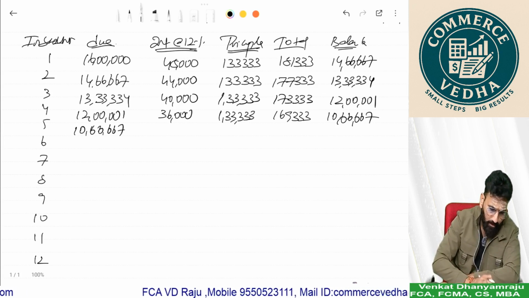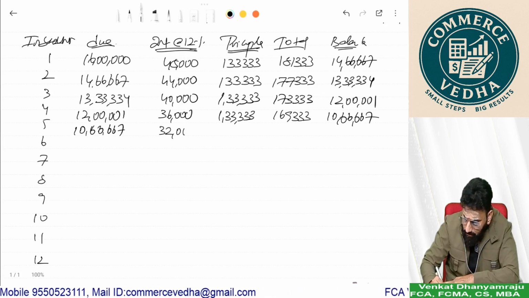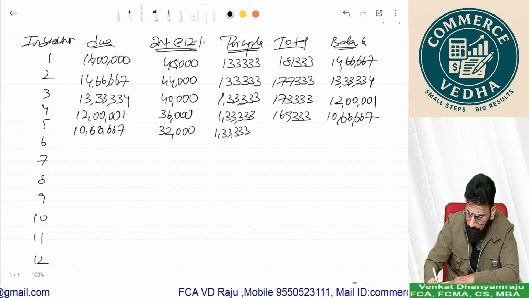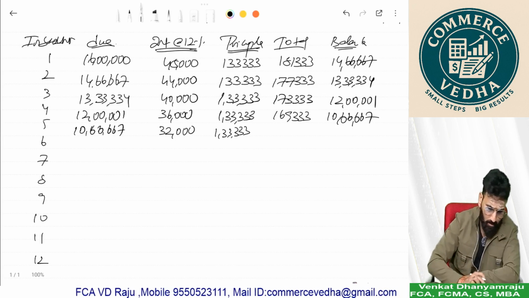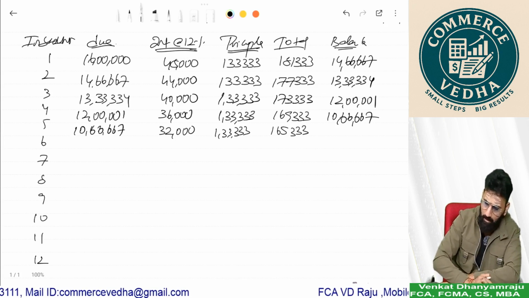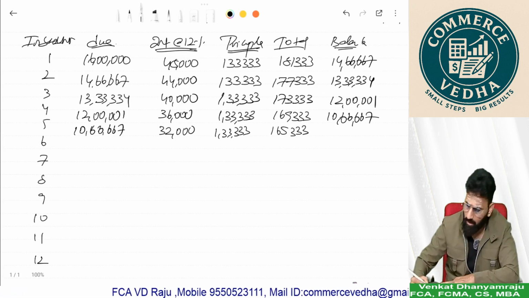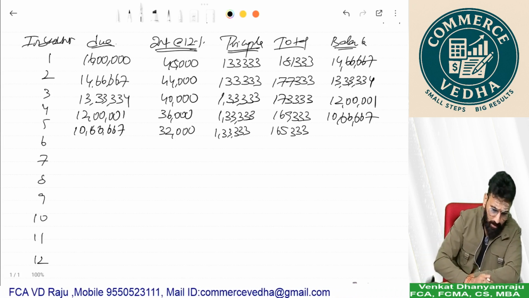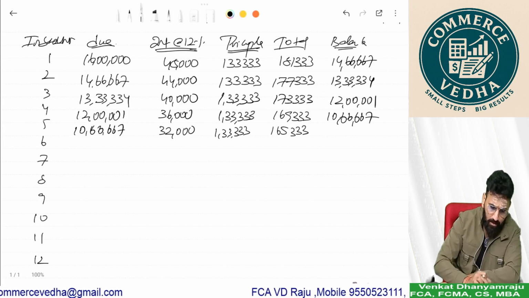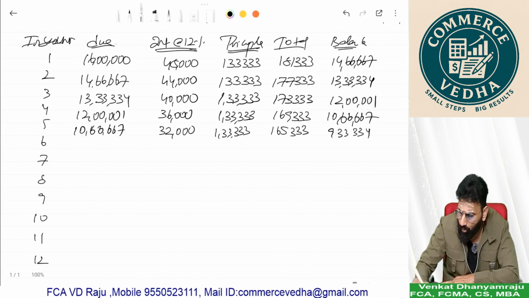That should be the opening. On that again the interest 32,000. Principal remains the same. So the total is 165,333 and 1066,667 minus 133,333 is your 933,334.